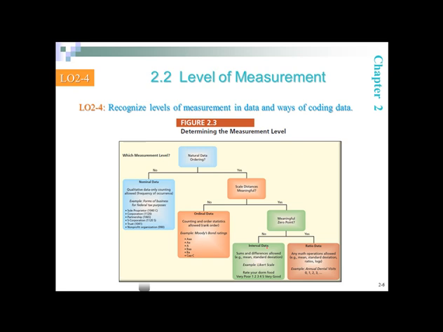At 0 degrees, it's just a number that goes along with a certain level of energy in the system, and that's what we would call interval data. If there is a meaningful 0, then we have ratio data. So that could be something like the amount of money in a bank account. It could be 0. If that's the case, $0 means $0, and that would be an example of ratio data.